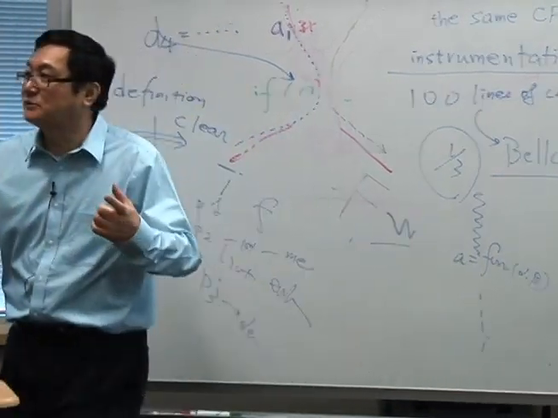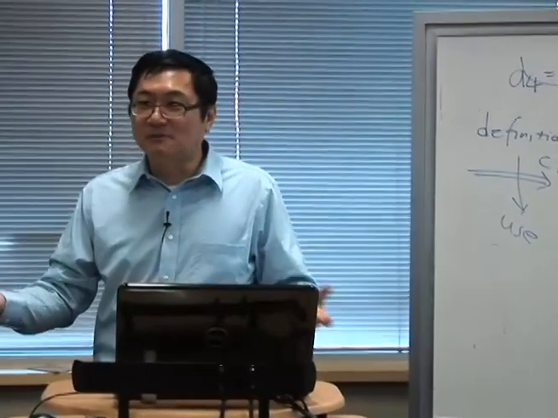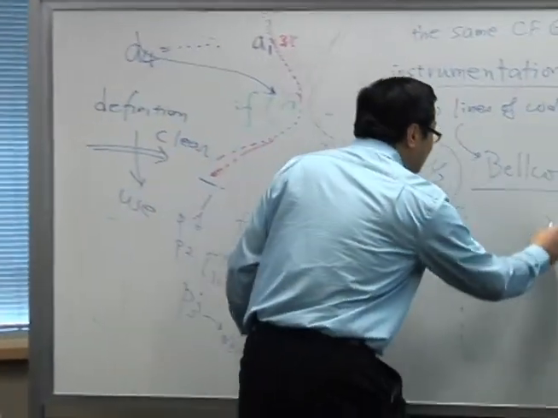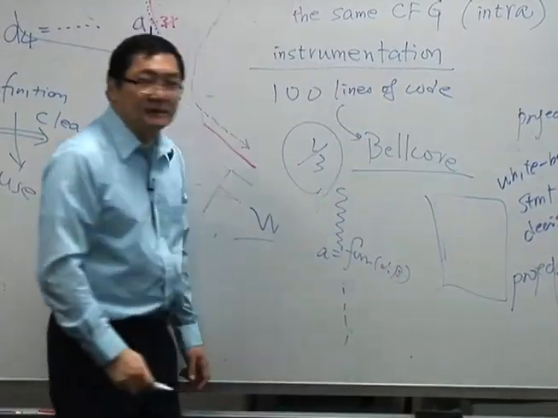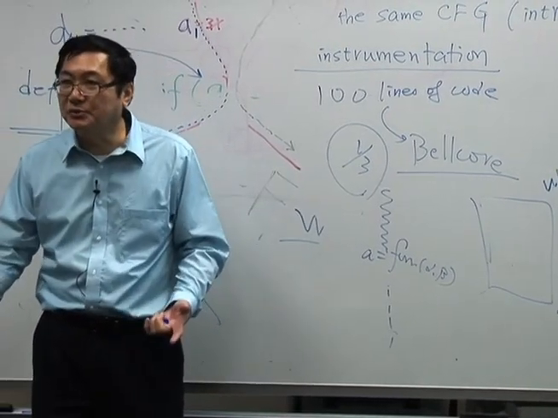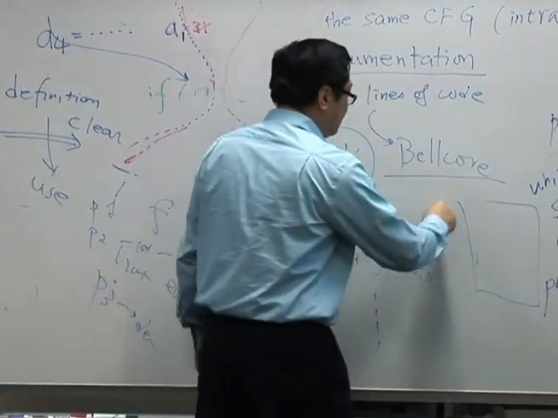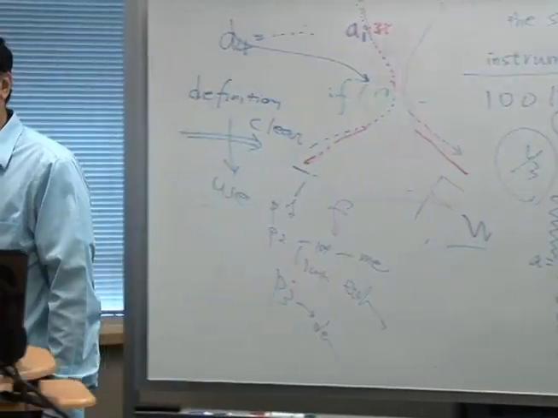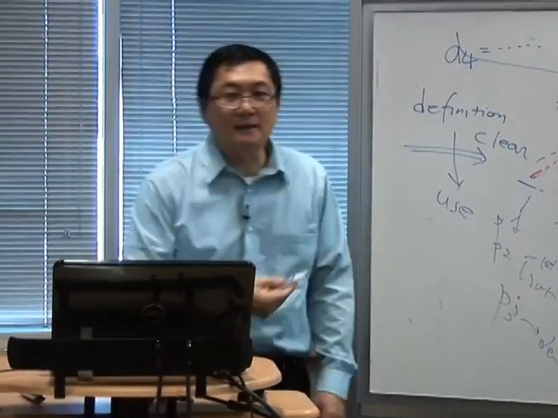But with respect to the system, it's more than one statement, right? You have another function here. The control will be transferred to a different function, a different module, right? And continue.